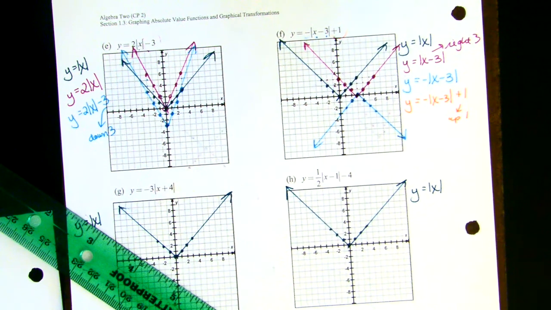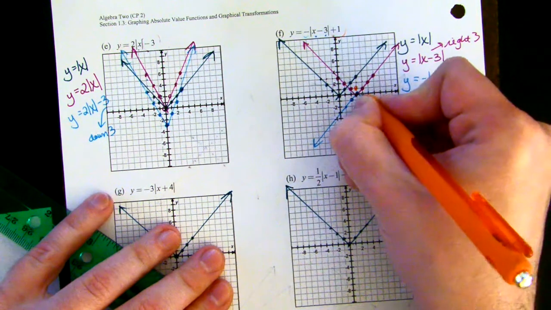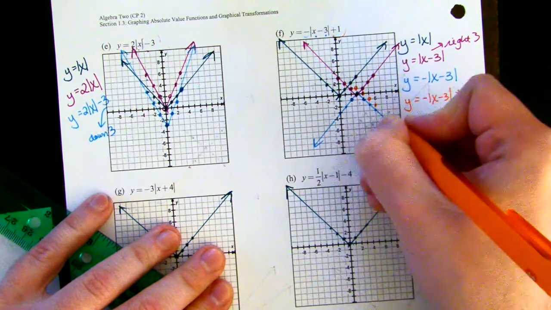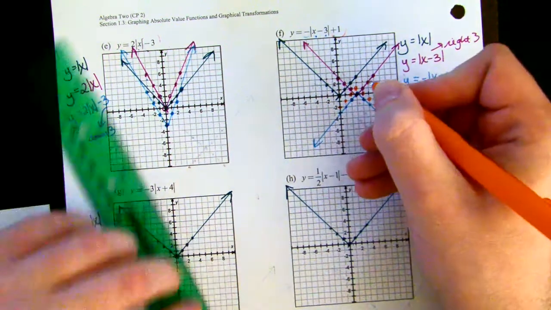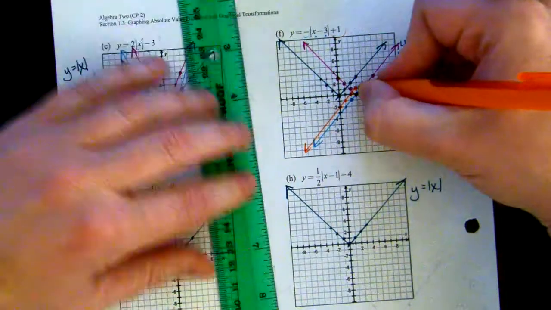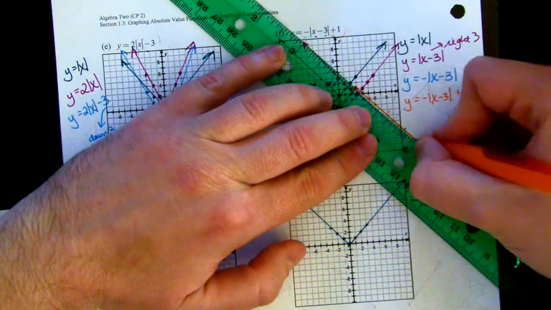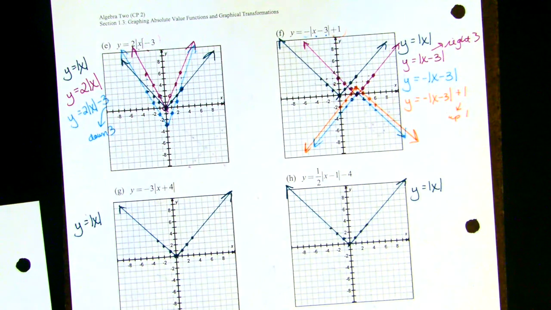Go do it. That orange graph is what our final graph should look like.